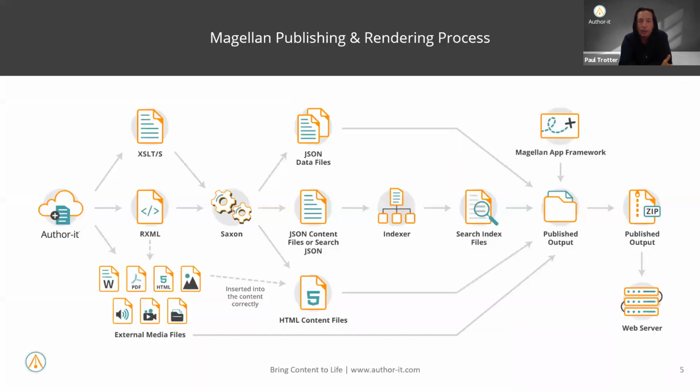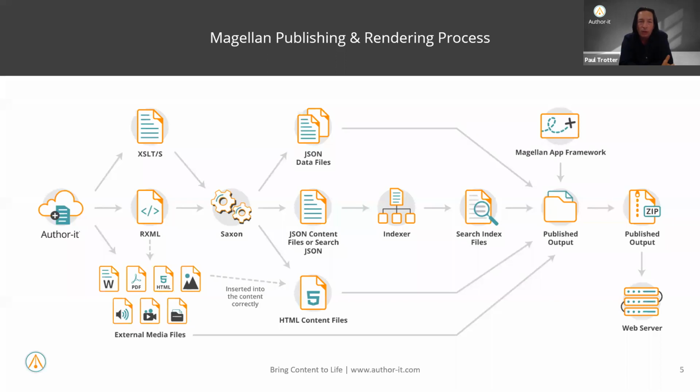So one of the other new things about Magellan is a completely new rendering process. I know this is a bit technical and back end, but it has some really big advantages for you, the user. In the first iteration of web-based outputs, Author used a very traditional approach of extracting content directly from our database and turning that into HTML, which at the time was the best way to do things and performed well.